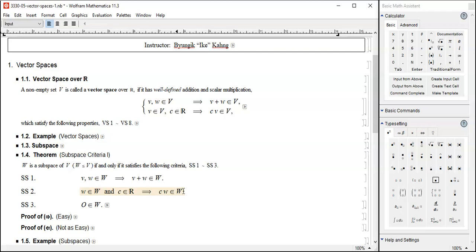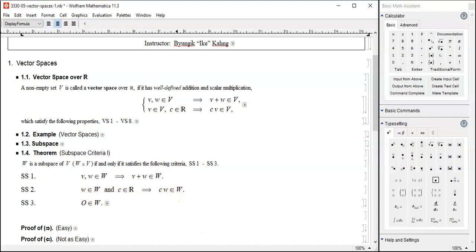But then again, I did something odd. I added one more condition here. 0 is in W. Why did I do that? Our textbook author said these two are sufficient. Why did I add one more? By the way, a clever student would have seen already by now that this one is completely unnecessary, because if we have the second condition, you can always write the 0 vector as 0 times some W, and that's in W because of the second condition.